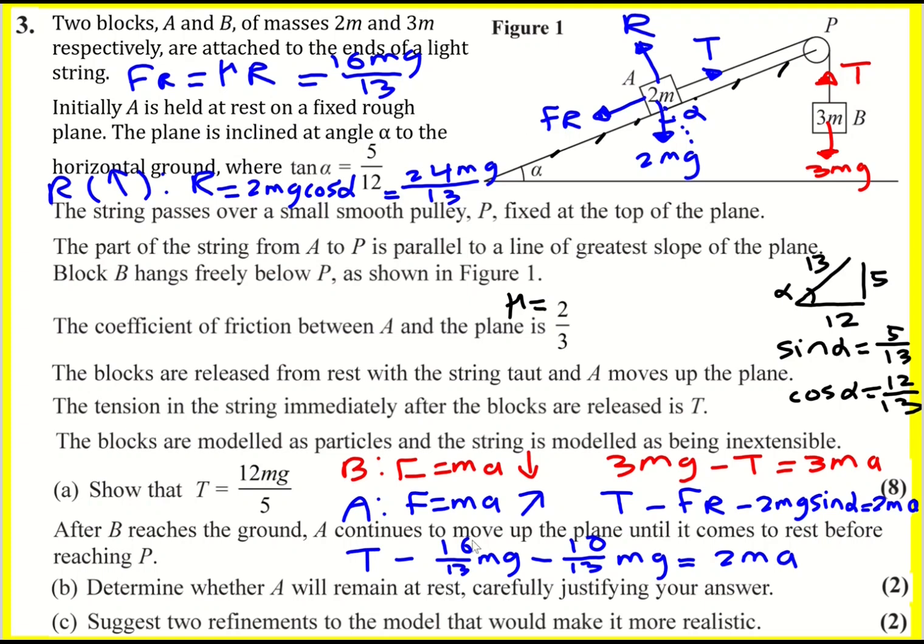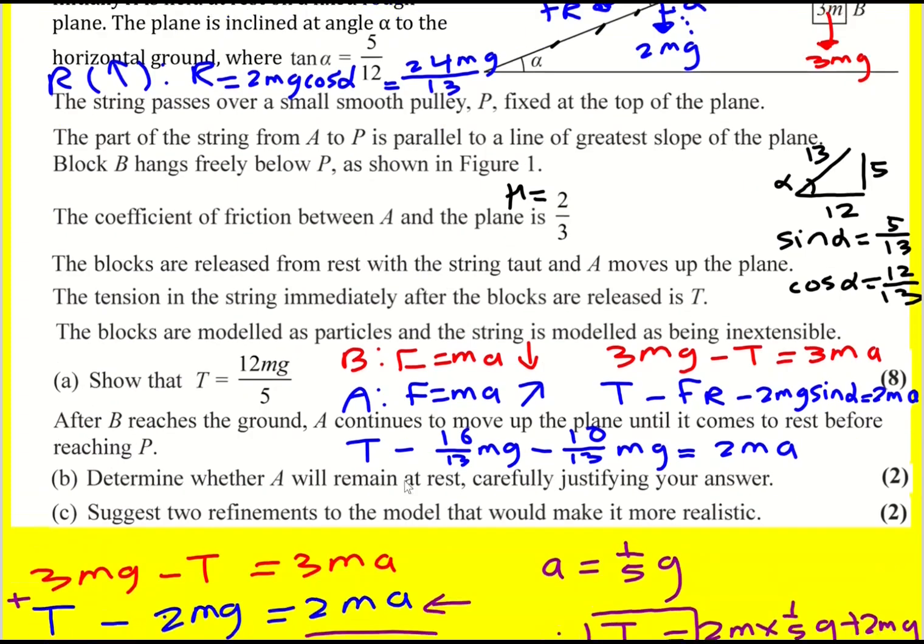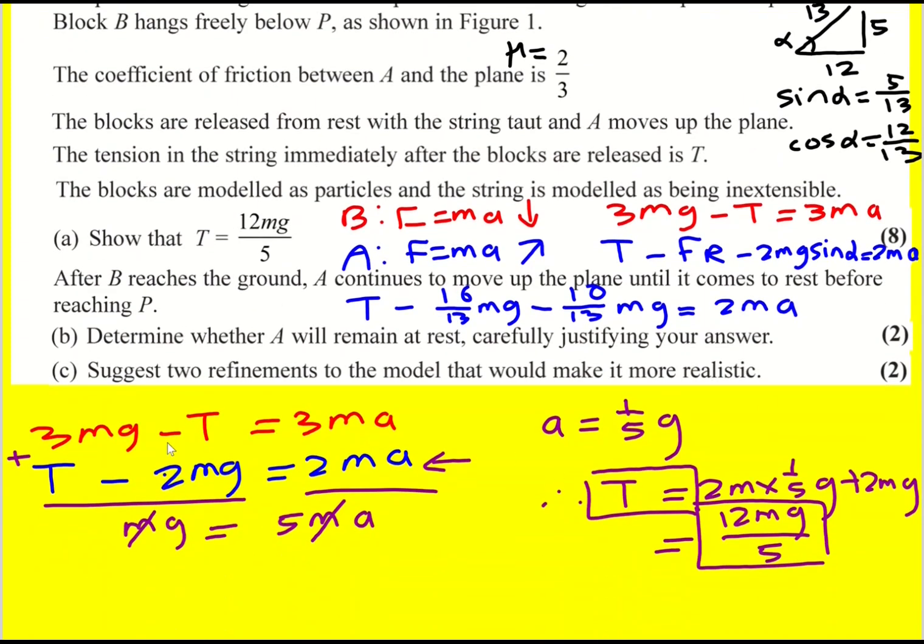Then we could write down the equation of motion for A: T minus the frictional force minus the component of the weight acting down the plane equaled 2ma. Then it came together really nicely, got rid of the fractions, added them together, worked out what A was, substituted back in, and that got us T.